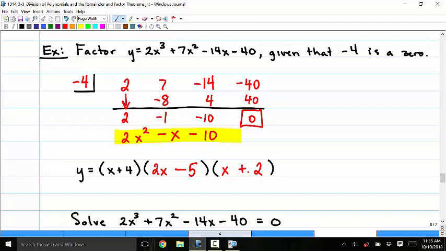You agree? So if I wanted to completely factor that polynomial into linear factors, it's x plus 4 times 2x minus 5 times x plus 2.